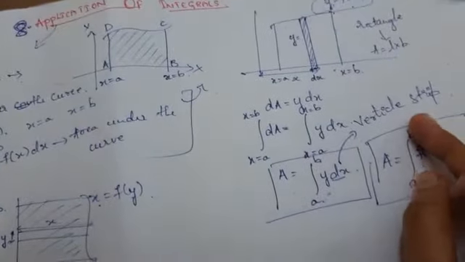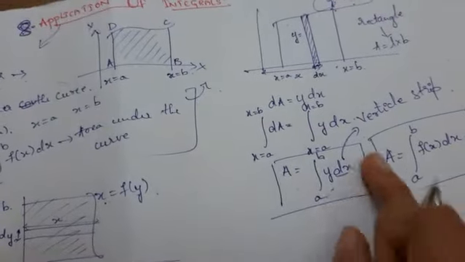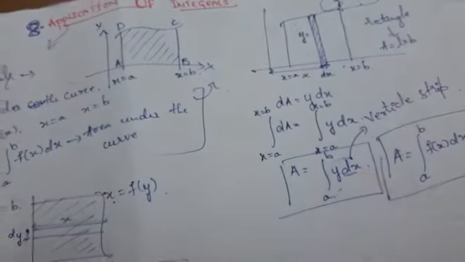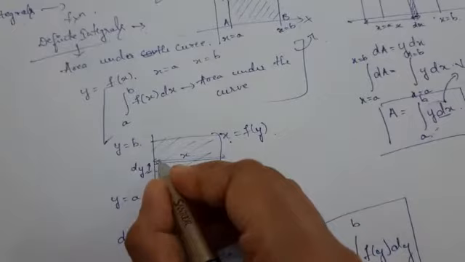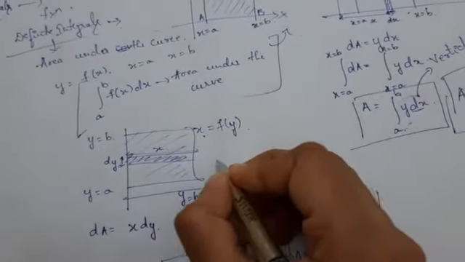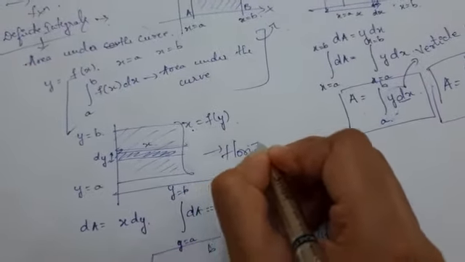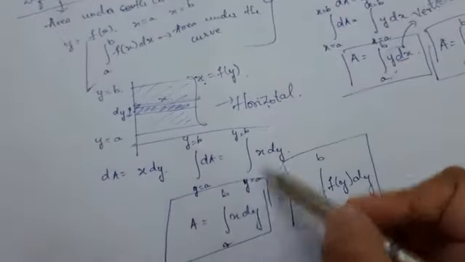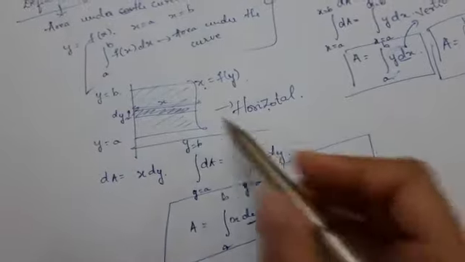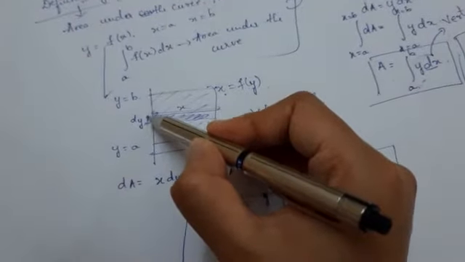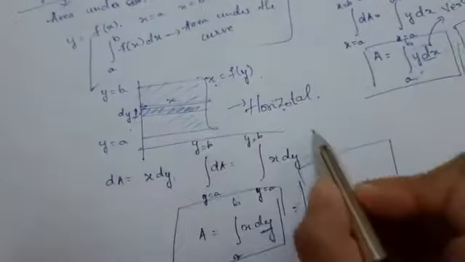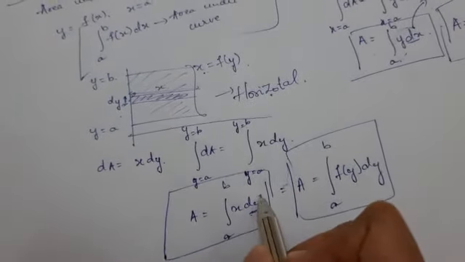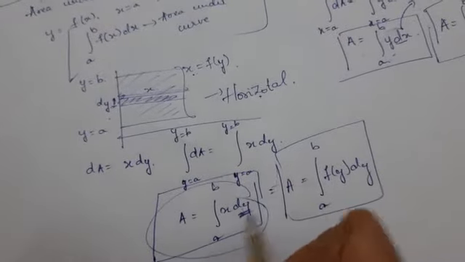When we have the horizontal strip, again here also we are integrating with respect to the width of that horizontal strip. Here the width of the horizontal strip is dy. So when we have the horizontal strip, we are integrating with the variable dy.